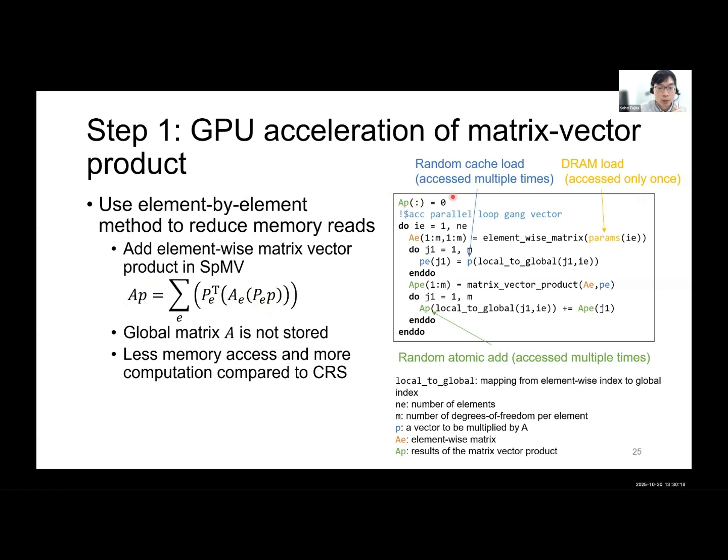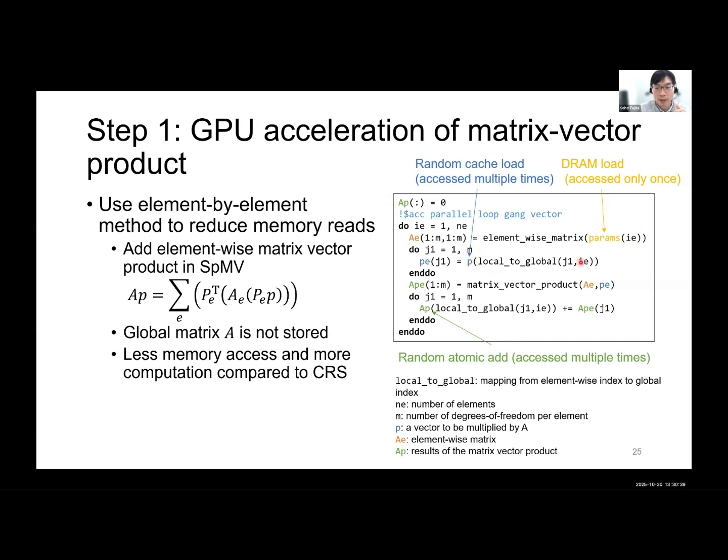So we initialize it to 0, and then we first generate the element matrix based on some parameters that define the element property. And then we load the local right-hand side.